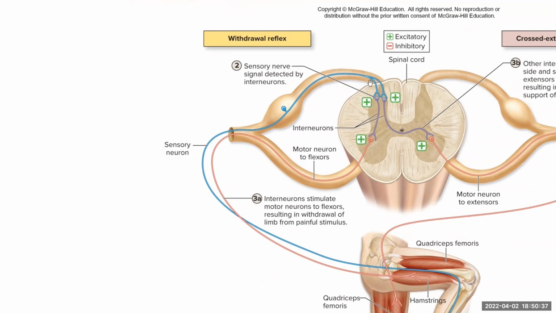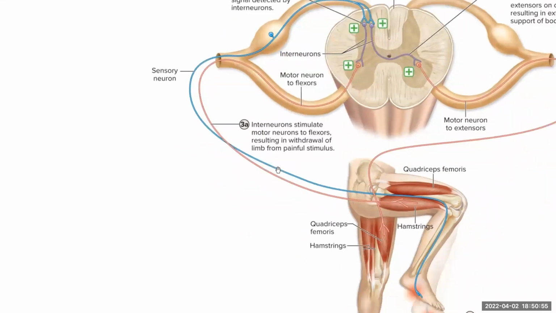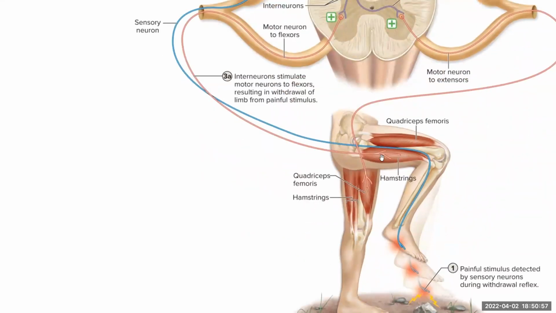That sensory neuron then stimulates and excites the interneuron. That interneuron will then excite the motor neuron to the flexor group of that lower extremity. So the motor neuron will travel down here to the hamstrings. It will cause excitation of the hamstrings, and it'll cause the knee to bend.